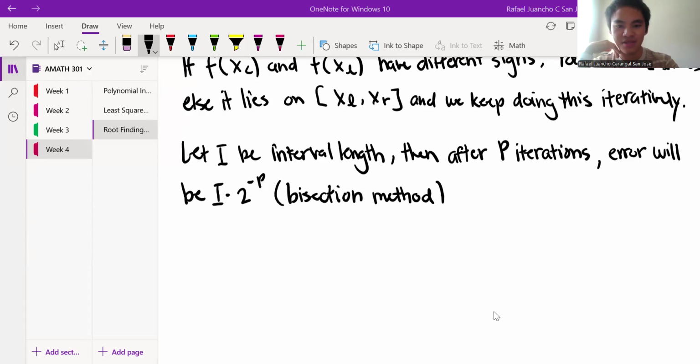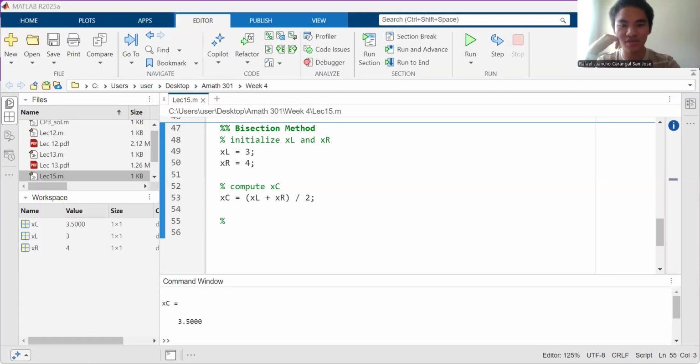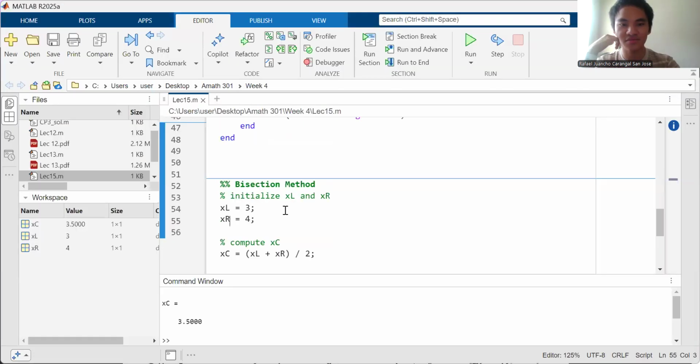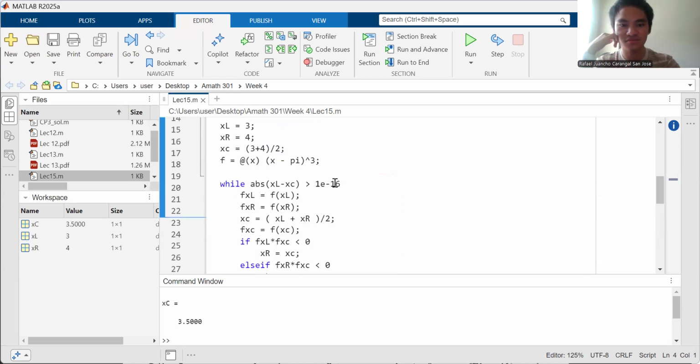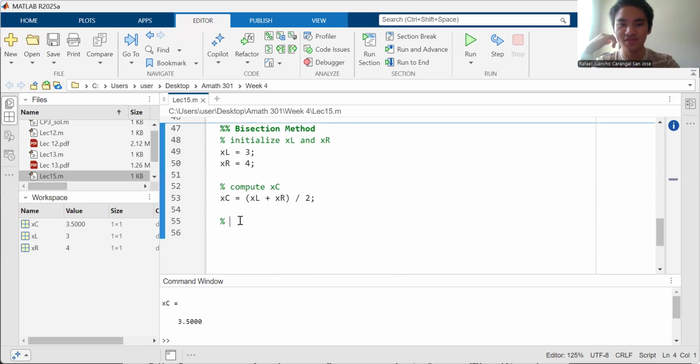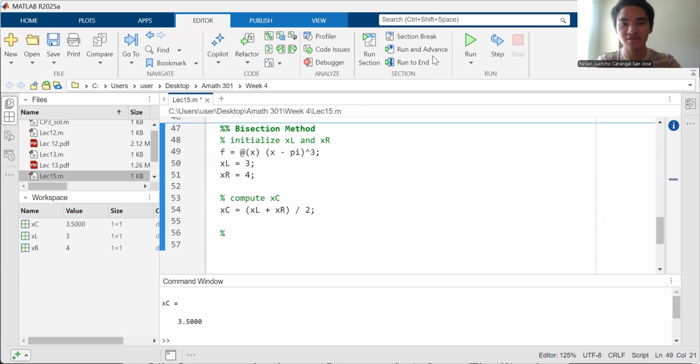Let me go back to my code. So let's quickly do that. I don't have a function here, so let me look at this function here. I'm just gonna use this. It could be any function, honestly. Let me also put that function here, and then run it again.